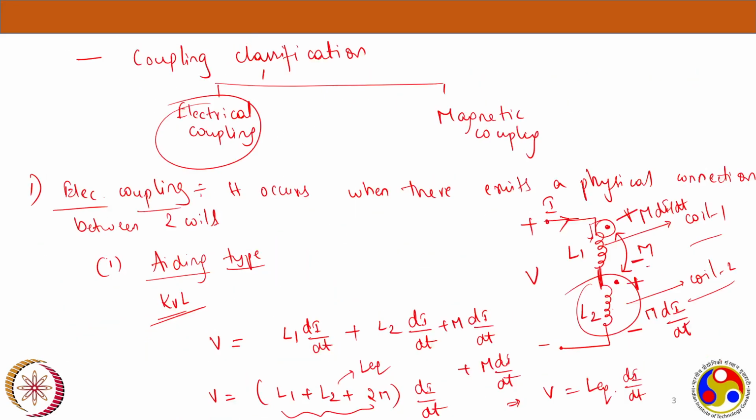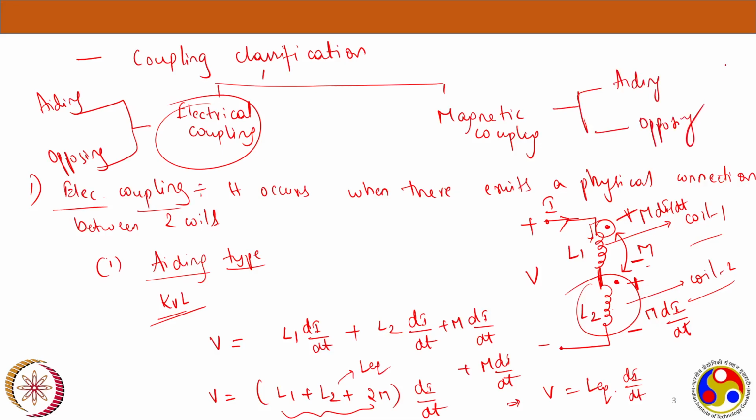Then we saw the classification within coupling, electrical and magnetic. Electrical and magnetic both have two subparts, that is aiding and opposing.